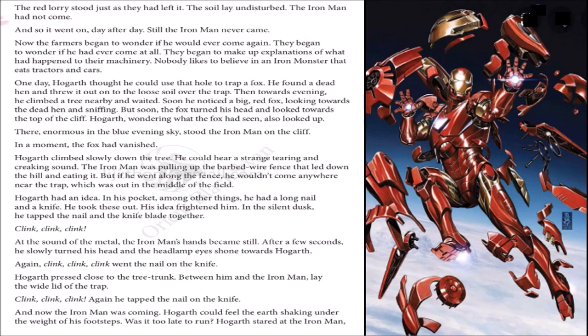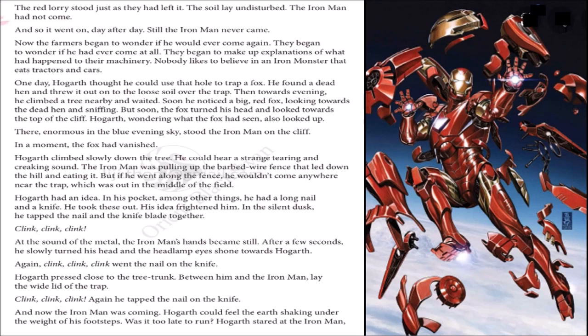In his pocket, among other things, he had a long nail and a knife. He took these out. His idea frightened him. In the silent dusk, he tapped the nail and the knife blade together. Click. At the sound of the metal, the Iron Man's hands became still.